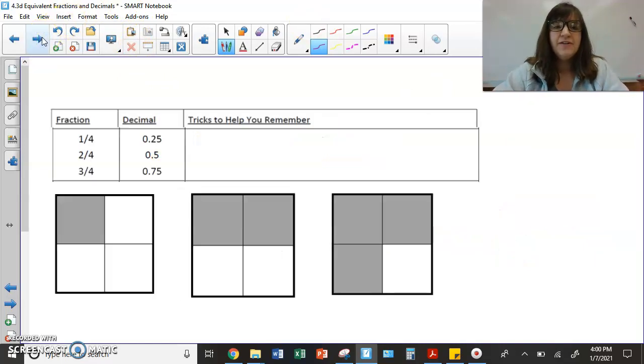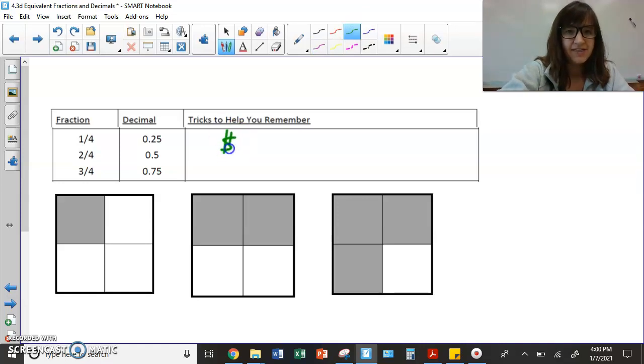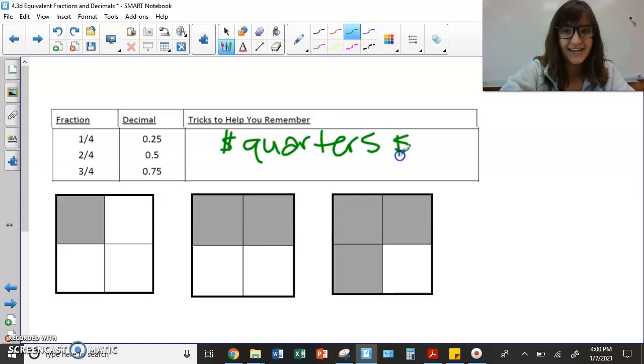All right, fourths. I love fourths. When I think about fourths, I think about money. I think about quarters. There are 4 quarters in a dollar. So there are 4 pieces that make up one whole when it's out of fourths.